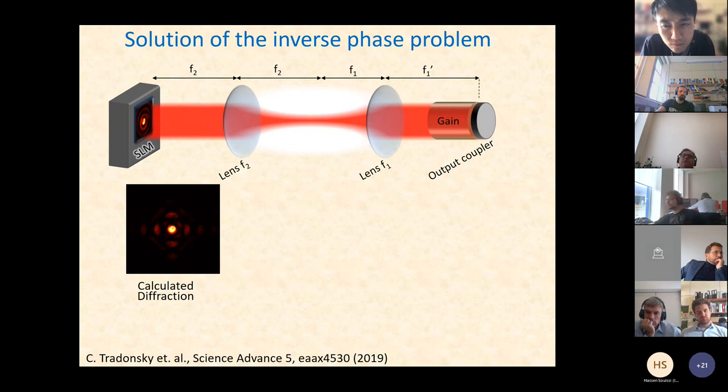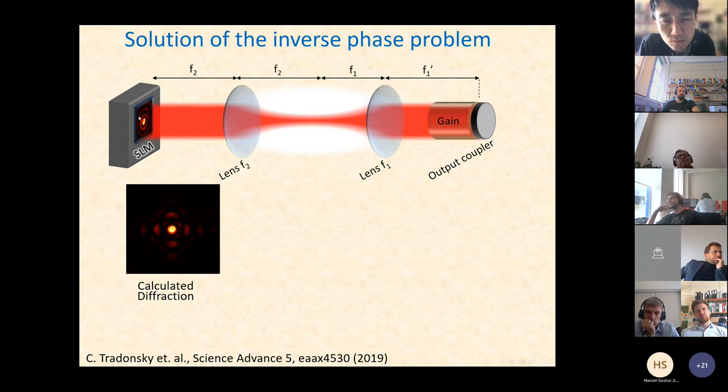Okay? So what did we do? We did two things. The first thing we did is write here on the spatial light modulator the intensity that was given to us, by ourselves, but we didn't cheat. So we just took the intensity of the Fourier transform and we put it here on the SLM. And now we know that the field inside has this intensity in this plane. Okay?